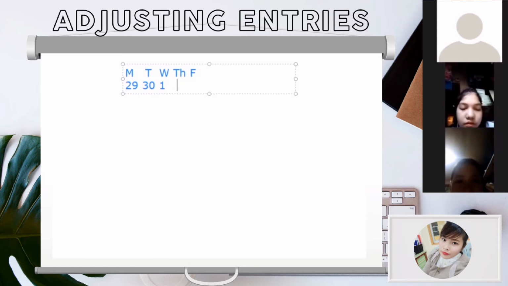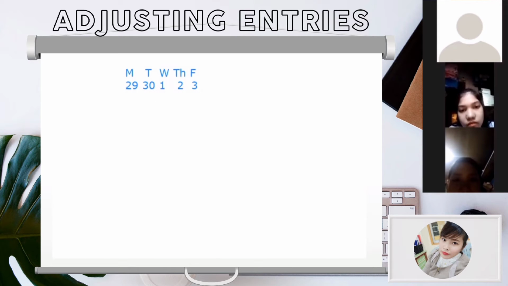Tapos si Thursday ay naging 2. Tapos si Friday ay naging 3. Ayan. So, ibig sabihin, linggo pa ng sahuran. Okay? So, ibig sabihin, nag-close na tayo, monthly basis tayo. Nag-close na tayo dito, tapos ito, hindi pa nababayaran. So, ibig sabihin, nag-close na kayo, pero ito, hindi pa nababayaran. Okay?